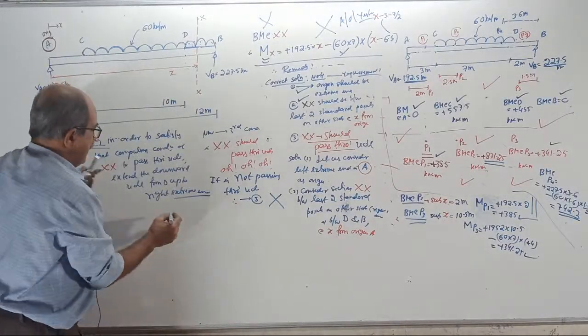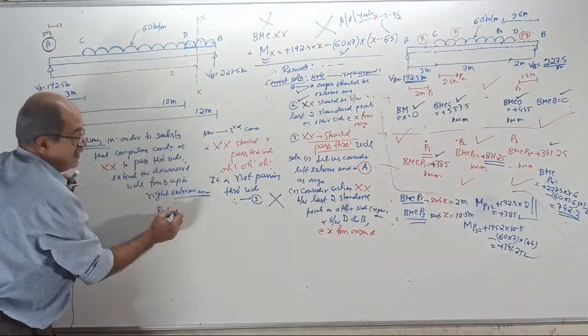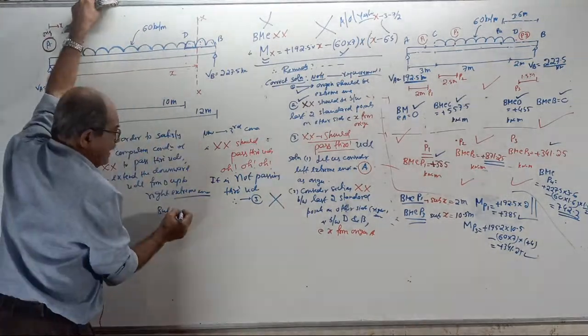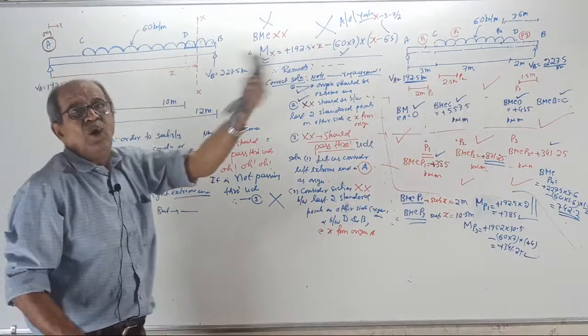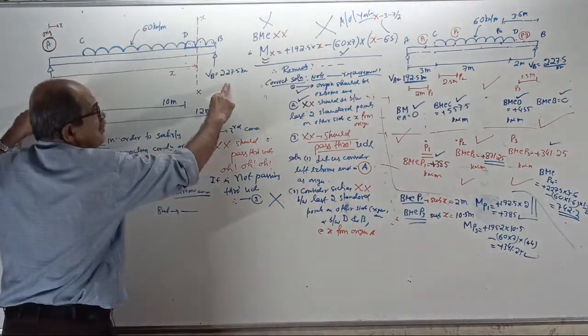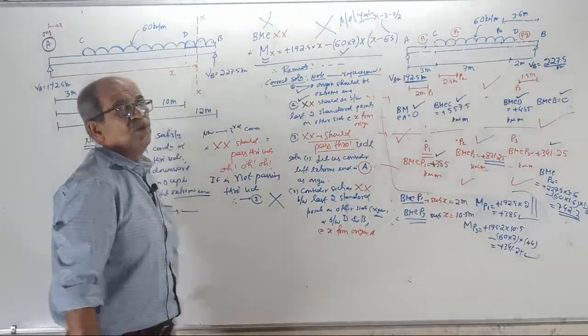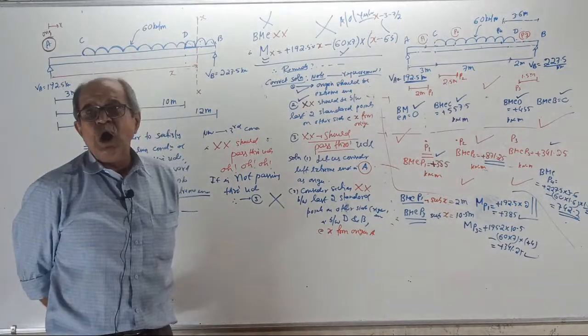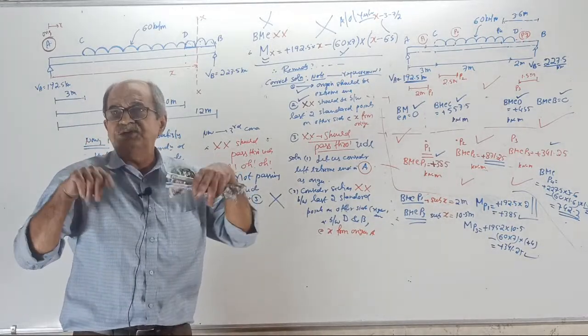But you should write this, I am not writing. This will result in higher loading on the beam, by virtue of which the reaction will change and also the bending moment will change, and therefore slope and deflection will also change.